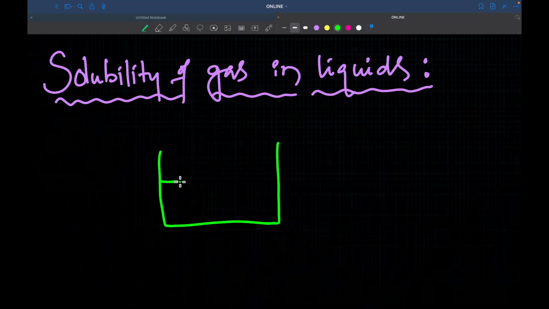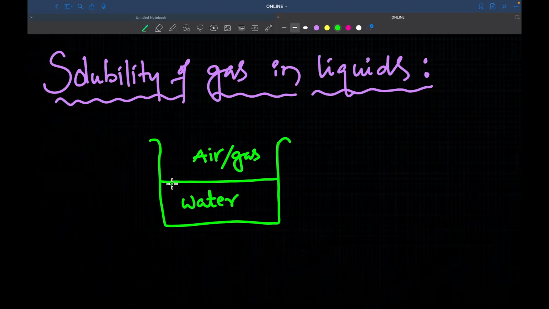In this beaker, up to here, we have filled it with water. The water is filled, and this entire portion is filled with air or any gas, right? Liquids, when they are in contact with air or any gas, capture the molecules close to the surface into the liquid.